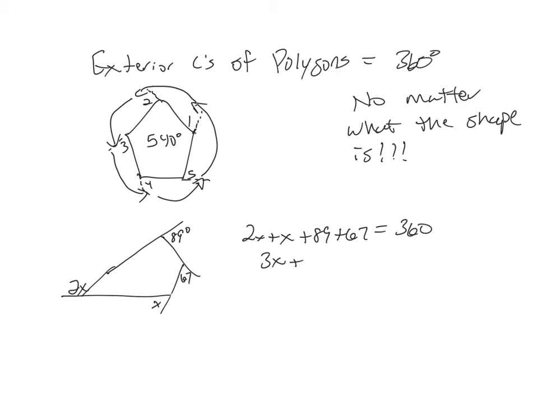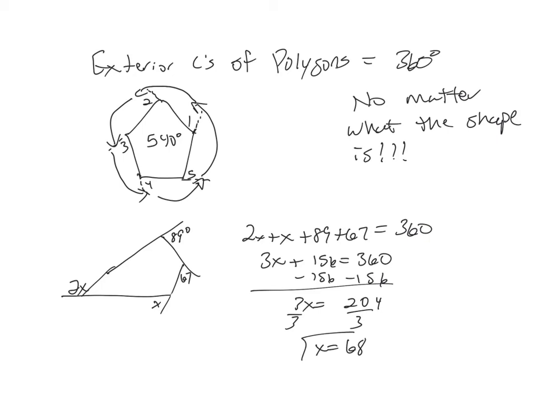So 3x equals 204, divided by 3 is 68. Okay.